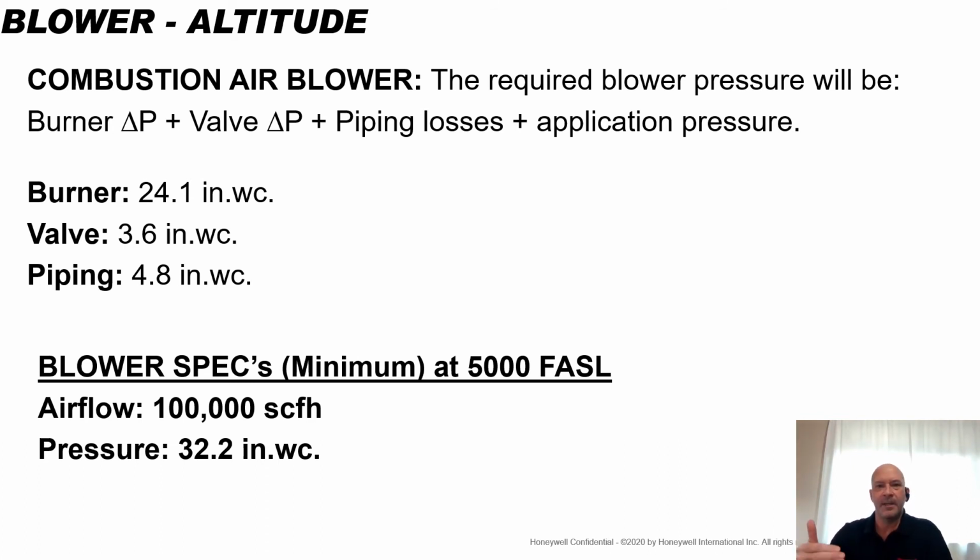So what this gets us to is our airflow, and you'll see our minimum airflow specs. Just like at sea level, we require that 100,000 SCFH of weight flow at altitude, and we'll explain that in a little bit. And our pressure now has increased to 32.2 inches versus what we had in the first place. So you can see that makes quite a bit of difference.